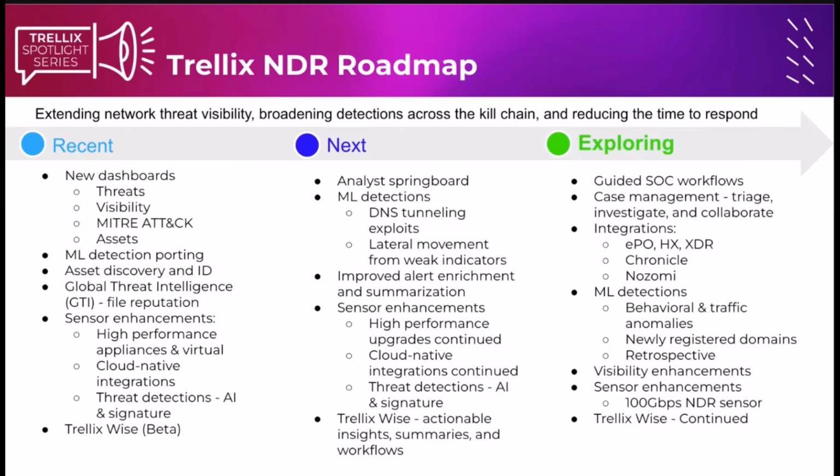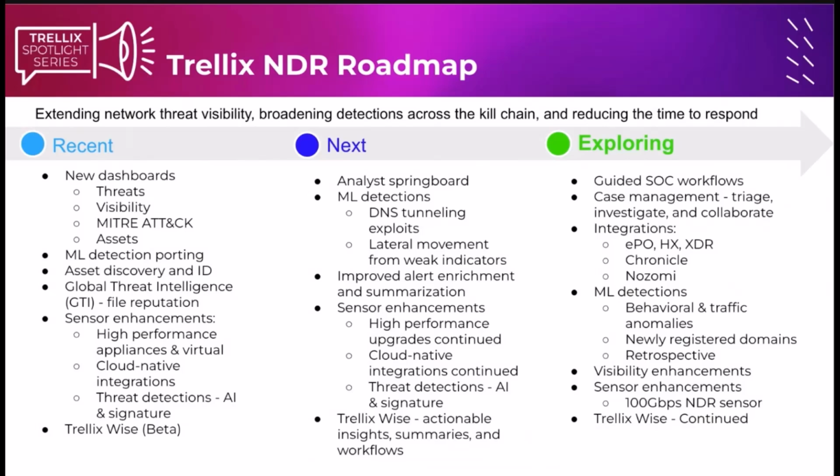On the sensors then, so our NX sensor and our IPS sensors, their performance is being improved on both the physical appliances and the virtual appliances. We've also got cloud native integrations into such as AWS and Microsoft Azure, and then later on we will be working on GCP.